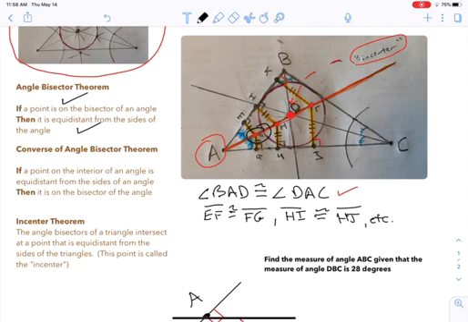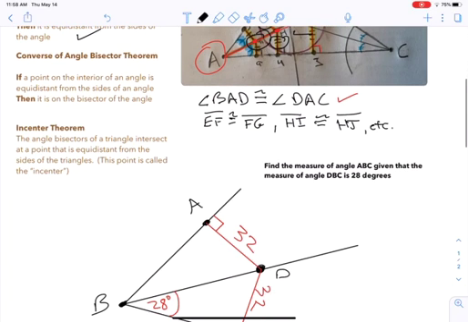The converse is you just turn it around. If a point is in the interior of an angle and it happens to be equidistant from the sides, notice that point I here, for instance, it's marked as equidistant here and here from the sides, then it has to be on the bisector. That's the converse. And then I've described the incenter already. It says that the angle bisectors of a triangle intersect at a point that's equidistant from the sides of the triangle. This point is called the incenter.